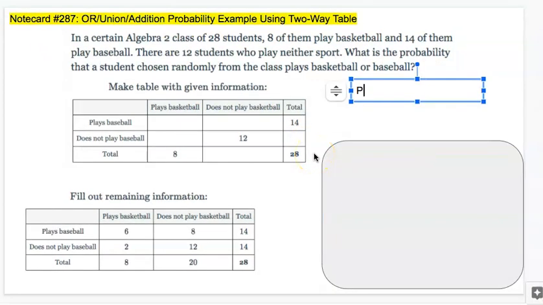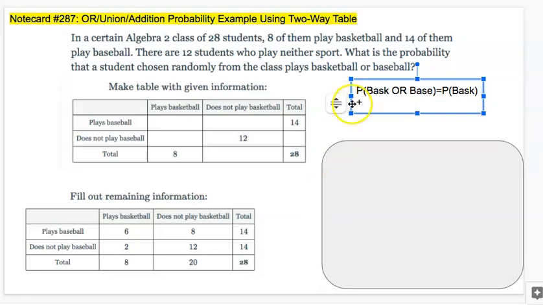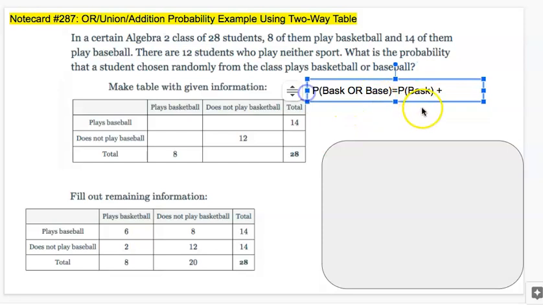All right, so using the formula, the probability that they play basketball or baseball is going to equal the probability they play basketball, addition rule, so plus the probability they play baseball, minus the probability they play both.